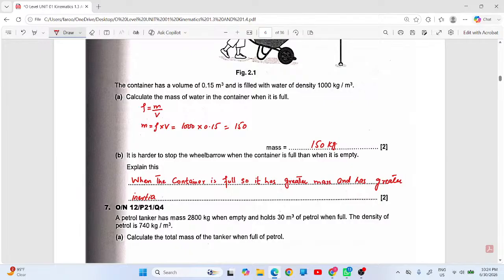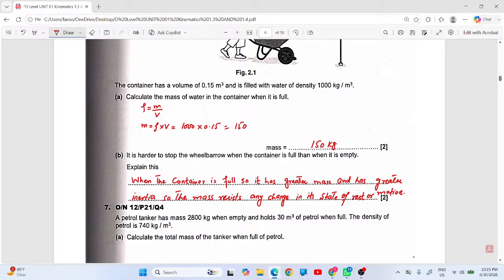What else can we write? It is 2 marks, right? Thus the mass resists any change in its state of rest or motion.